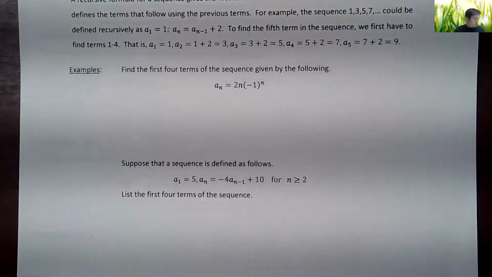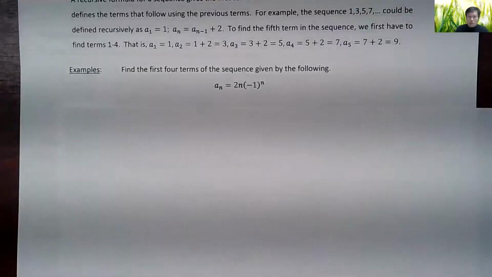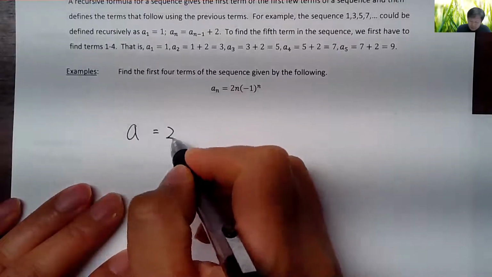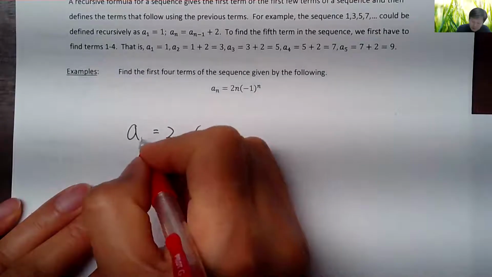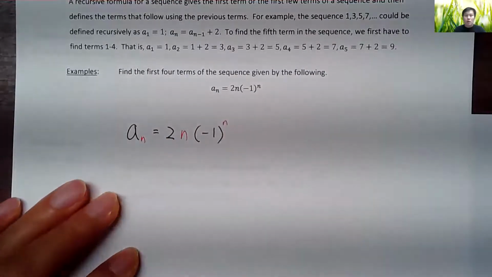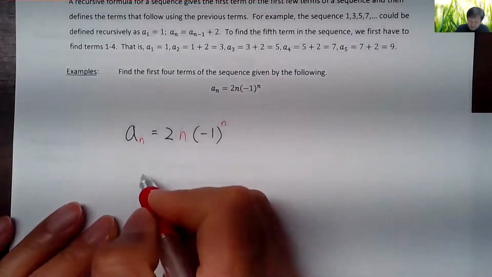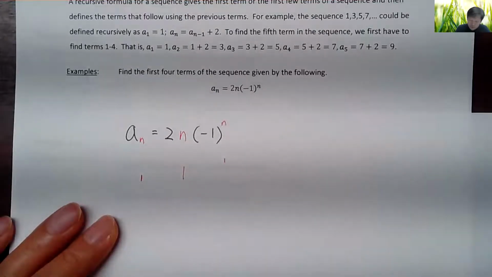So a sub n equal to 2 times n times minus 1 to the n power. They're asking for the first 4 terms, so you will have to plug in 1. The value of n becomes 1.